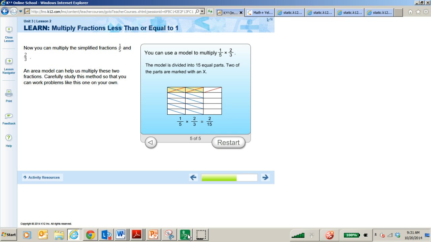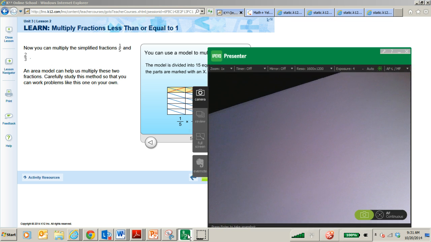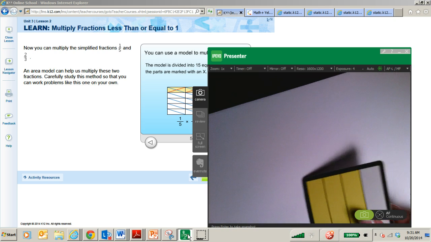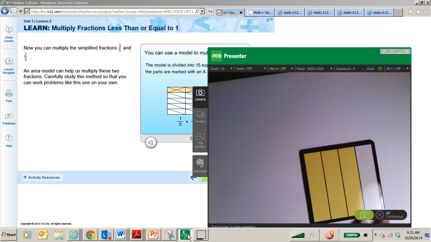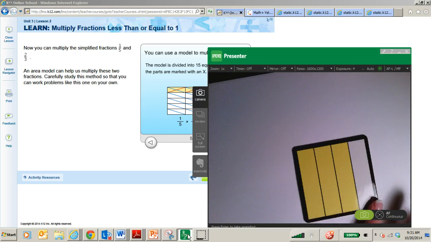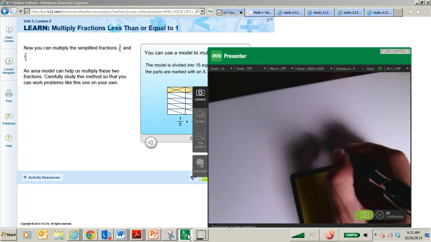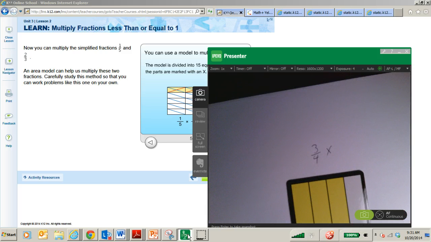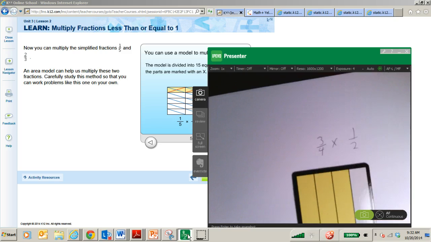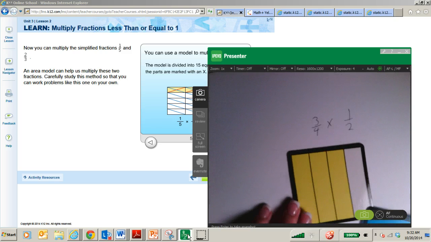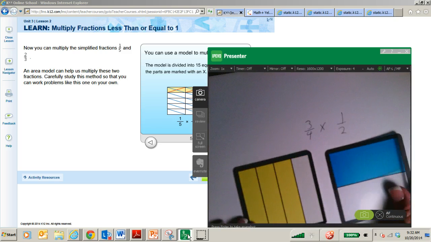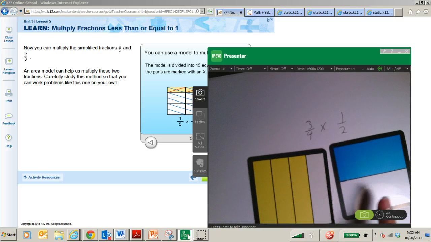Now I'm going to show you some of this with my document camera. So let's say we have a fraction like this, and we have 3/4. And so I'll write that right here. We have 3/4. But let's say we only want 1/2 of that. So I'm going to use my overlay, and here's my half. So I have 3/4 times 1/2.